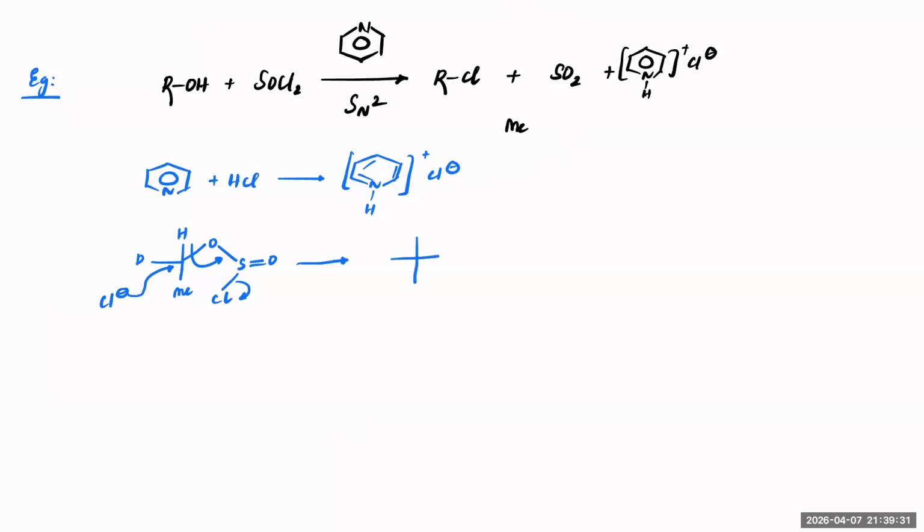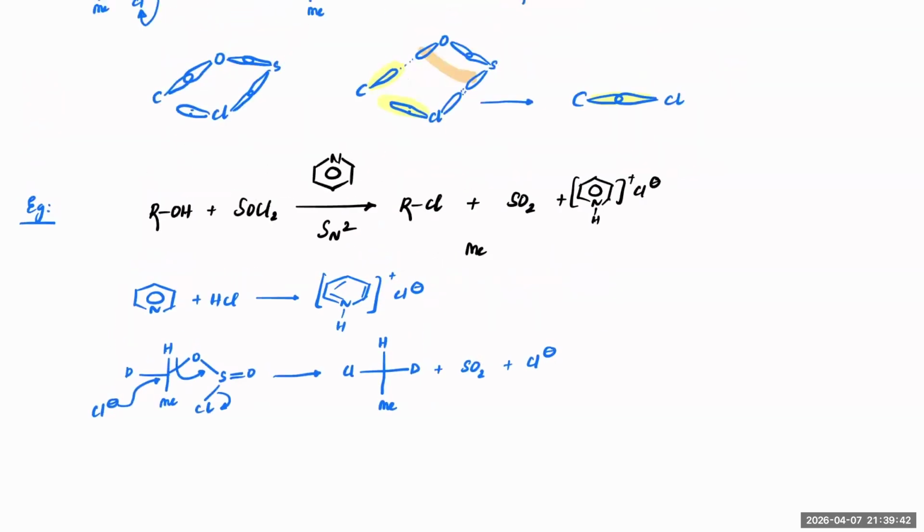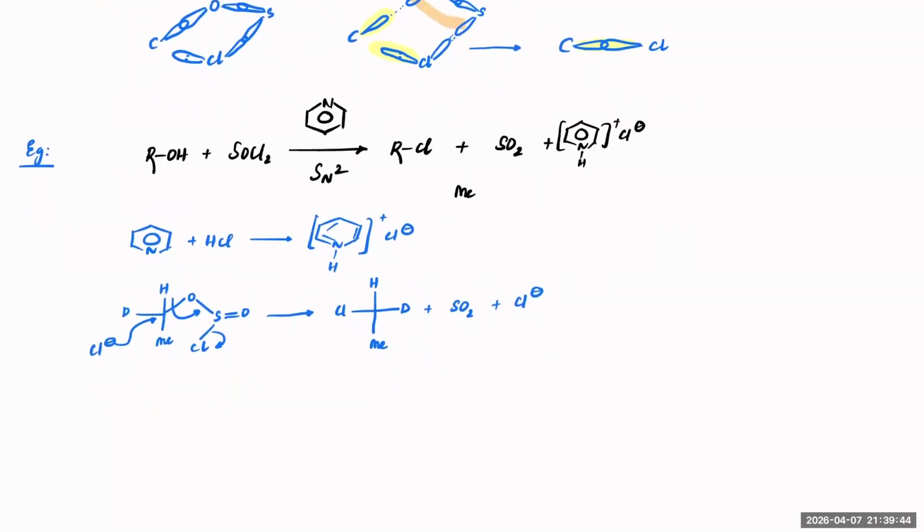That's the reason why the configuration got inverted in this case, plus SO2 plus Cl minus. So that's how the basic group helps in creating highly nucleophilic chloride, and that chloride attacks from the back, hence making an SN2 mechanism.